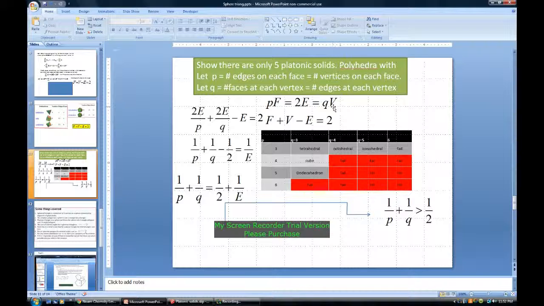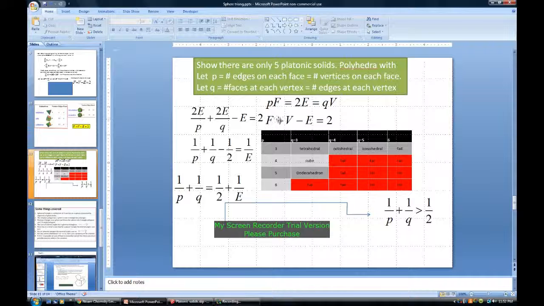Each edge is connected by two vertices. So if you count the edges at each vertex, you'll be counting each edge twice. And so q, the number of edges meeting at each vertex, times the number of vertices is twice the number of edges.